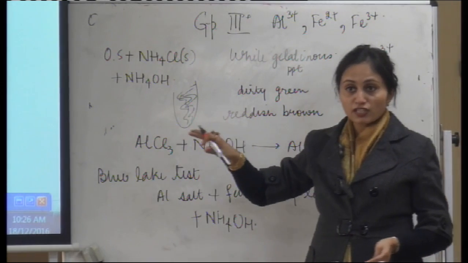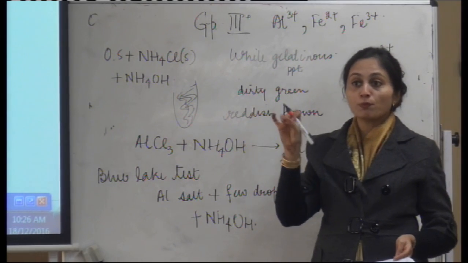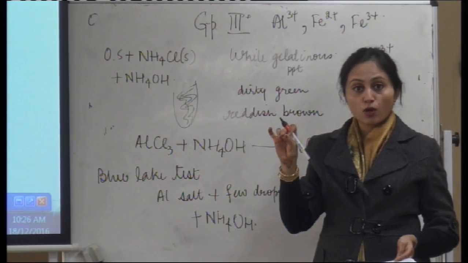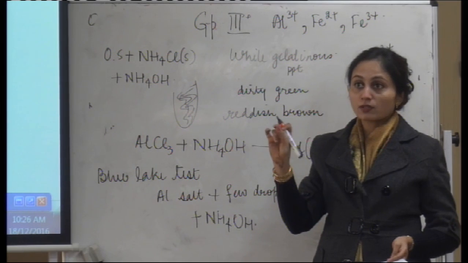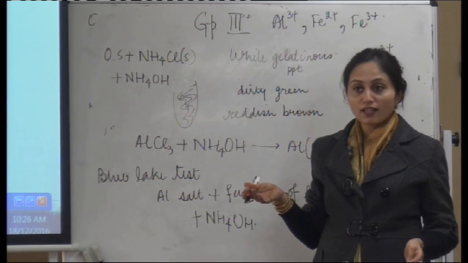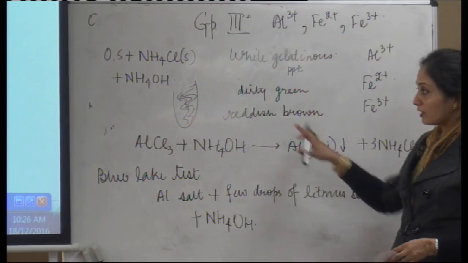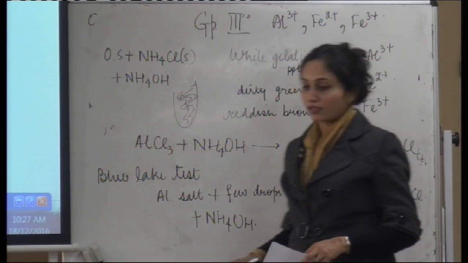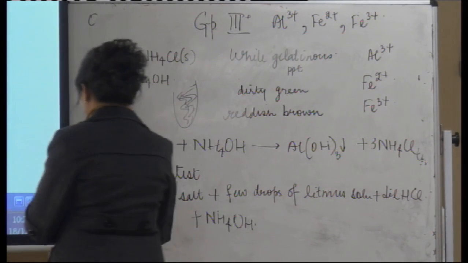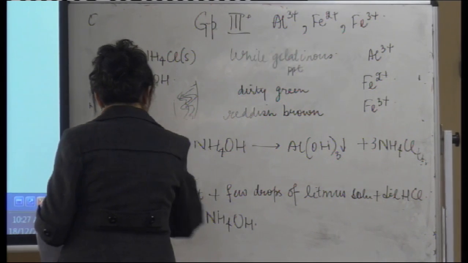So the question in IIT JEE was, what is this litmus pigment adsorbed on? Whether it is adsorbed on aluminium, then there was aluminium hydroxide, then there were 1 or 2 more options, but the correct answer was aluminium hydroxide. So remember that it gets adsorbed onto aluminium hydroxide to give you the blue lake. So that is like the confirmatory test for aluminium.